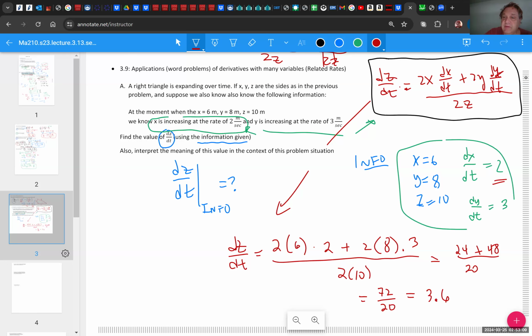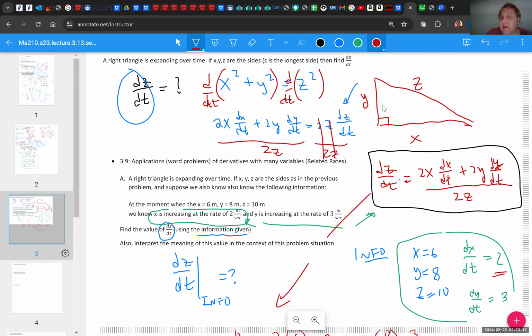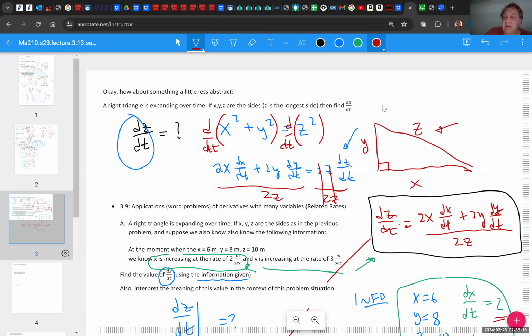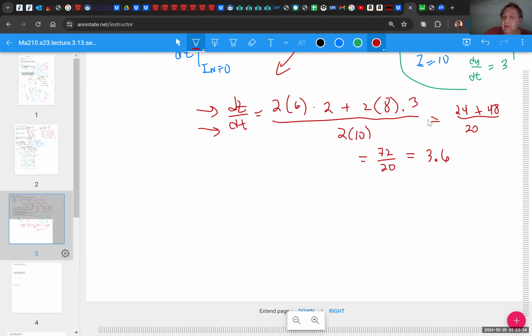Assuming my calculation is correct, this is the change in z over the change in t. What is z? z is the longest side, the diagonal side length, and it's measured in meters. So this is going to be the change in z. I'll just say dz dt at this info is equal to 3.6.